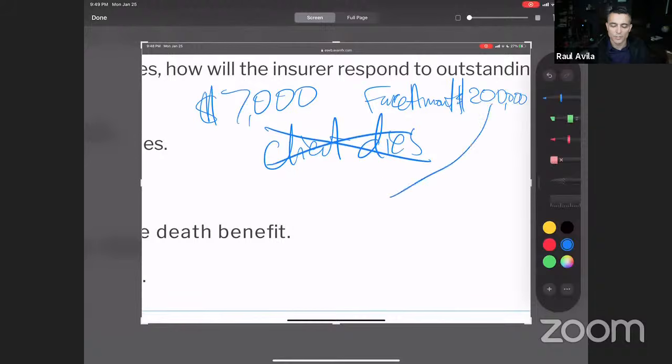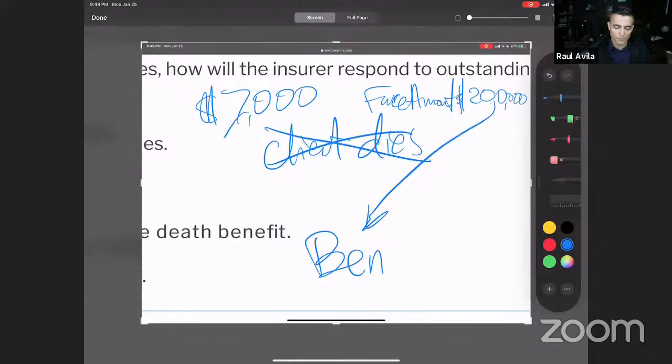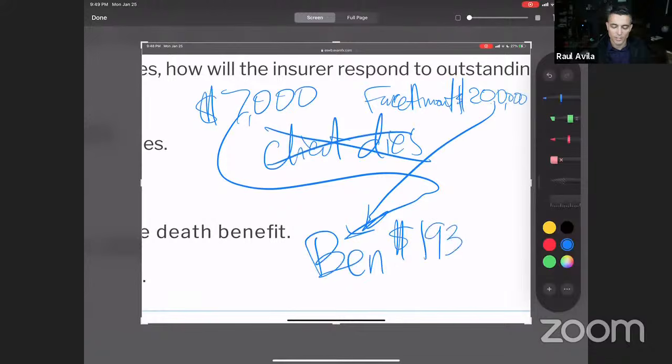Will the beneficiary receive $200,000 and then has to pay the company? No. Before the beneficiary receives the money, first you have to subtract and then you get the money. So the beneficiary is going to get 200,000 minus 7,000, which is 193,000. Make sense? That's how it works.